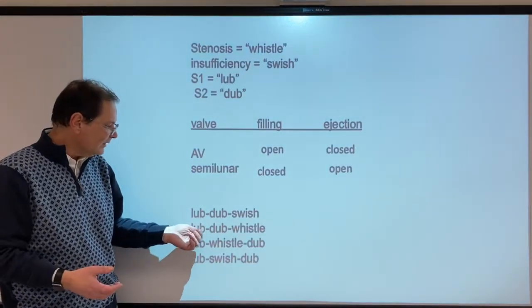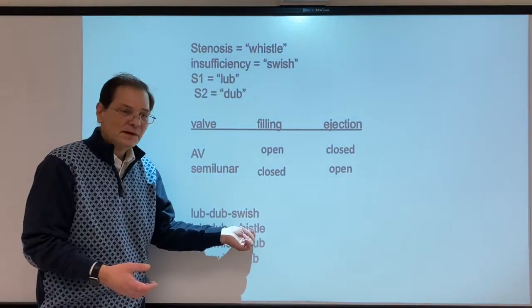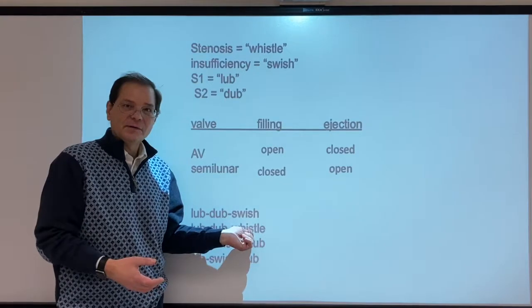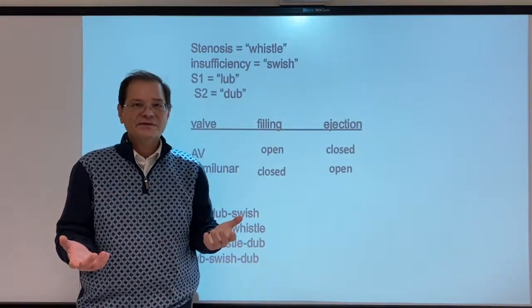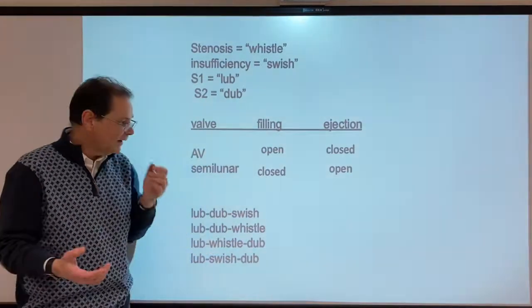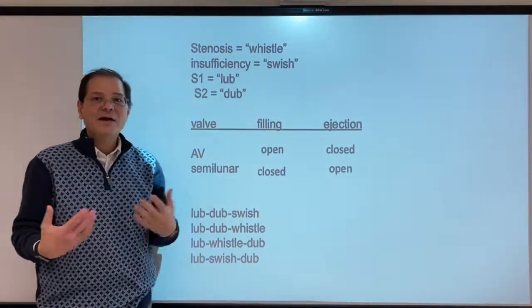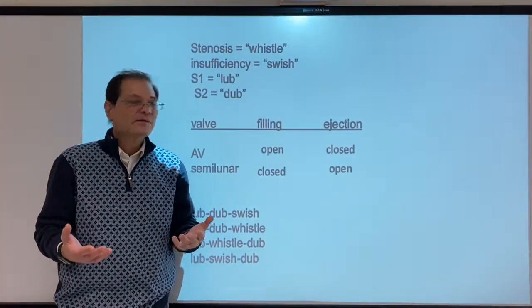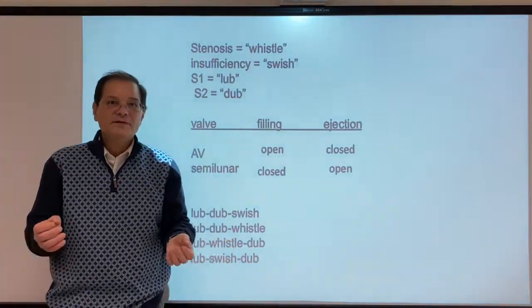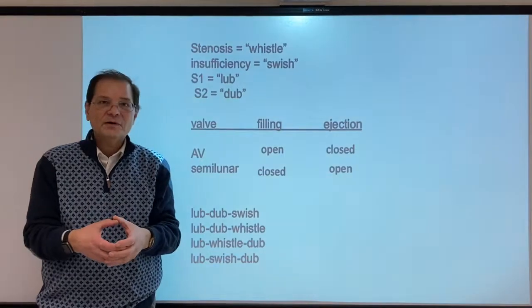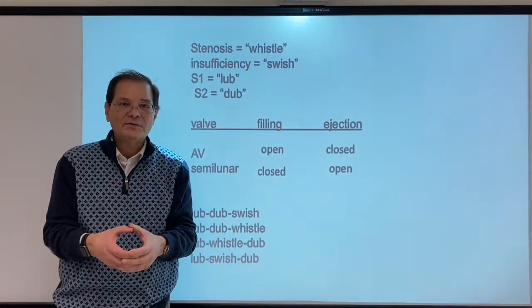If you hear lub, dub, whistle, now it's still a diastolic murmur, but now it's a high-pitched whistle. So now you're looking for a stenotic valve, okay? And you're looking for a stenotic valve during diastole. So stenotic valves you'll hear when they're open, because they're narrowed and you're trying to force a bunch of blood through a narrowed valve.